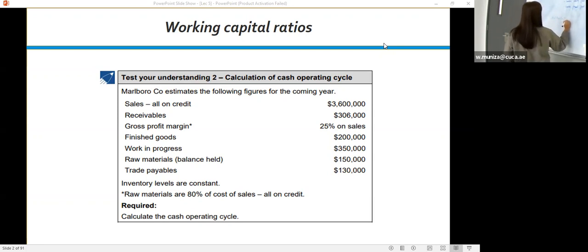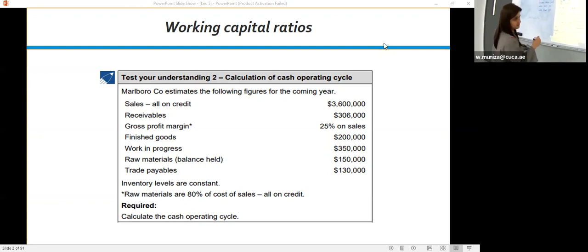And then we are going to deduct the payables payment period, that is 22 days. So our cash operating cycle will be 31 plus 25 plus 47 plus 27 minus 22. So it's 108 days.